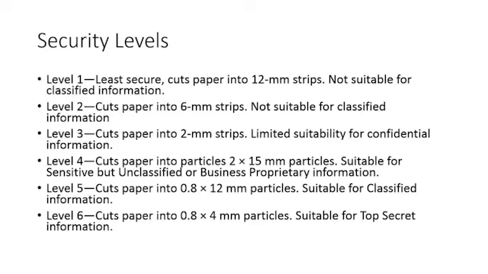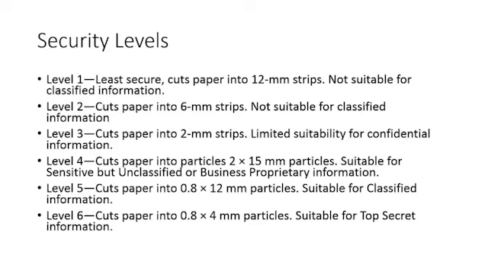This is not usually suitable for classified information because 12mm is not very small when it comes to putting puzzles back together. If I'm in a wastebasket that's got thousands and thousands of strips in there, yeah, that makes it a little harder. But if there's not very much in the wastebasket, I could put that back together pretty quickly.